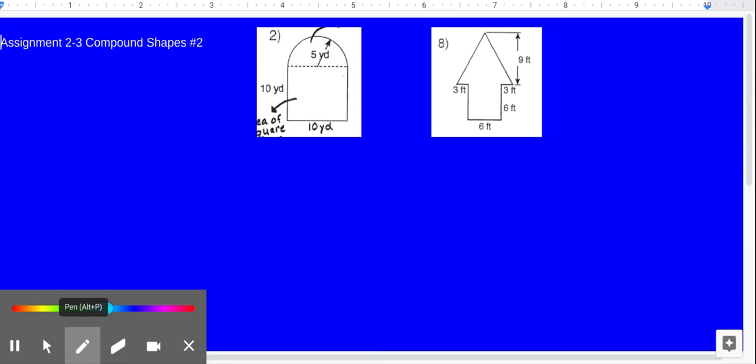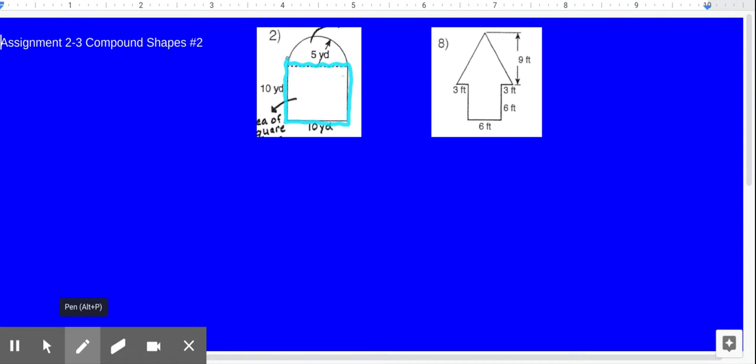So if you look at problem 2, you have a square and half of a circle. Let me use a different color. You have half of a circle up here. And I know it's half of a circle because they've given the radius for that circle. They've started at the center point and they've drawn a ray or a line going to the outer edge, and they're telling us that the length of that is 5.